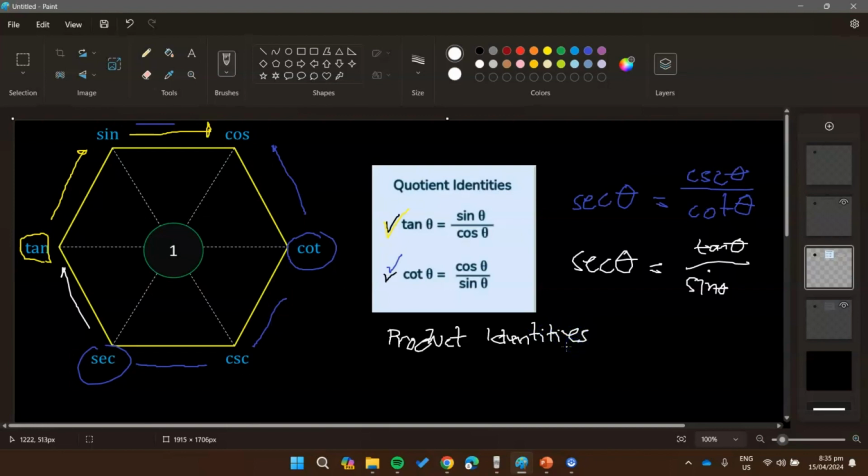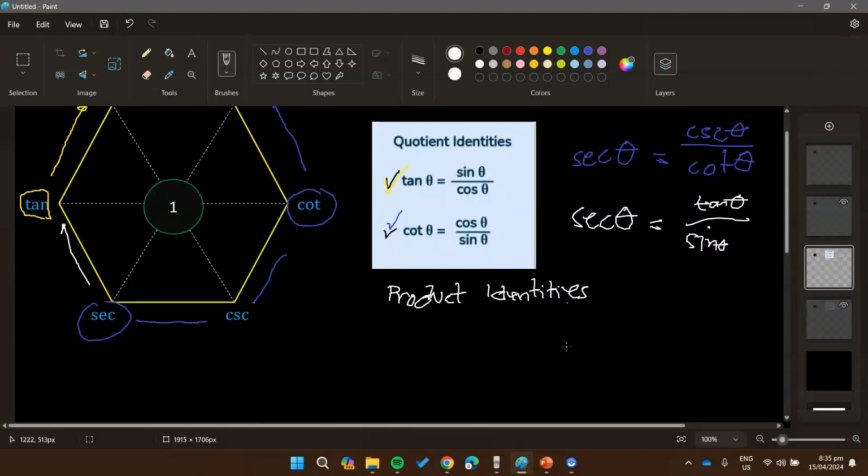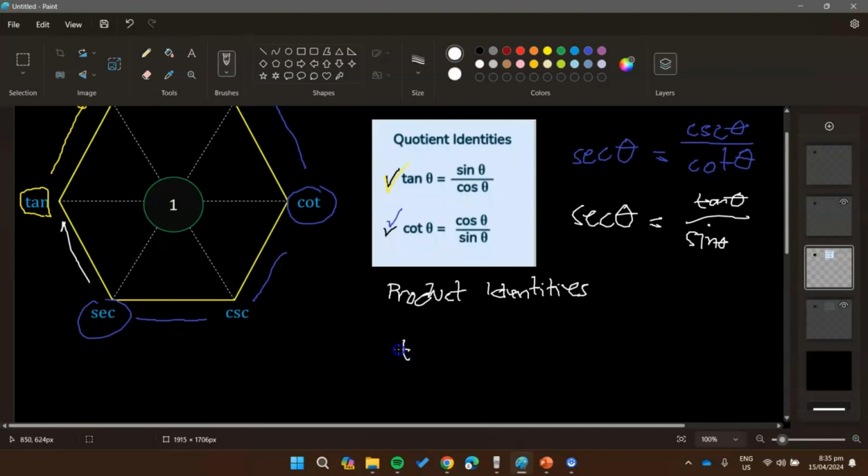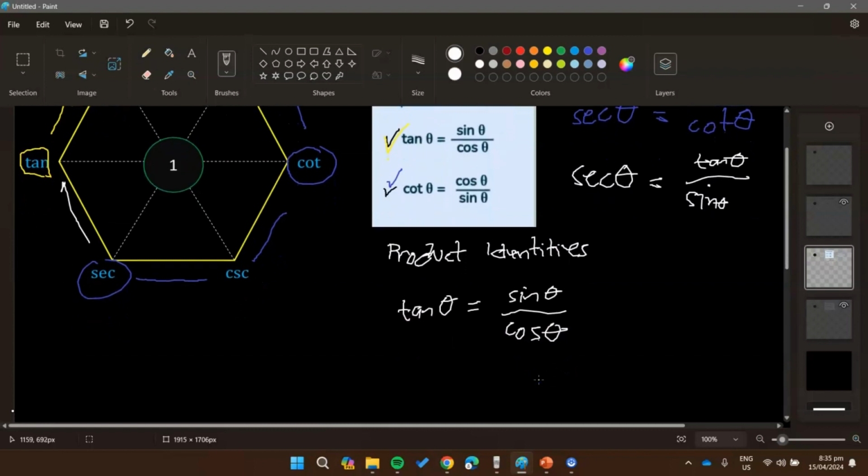Now, using simple algebra or math, we are given tangent theta is equal to sine theta over cos theta. Now, if we're going to manipulate this one, we'll just multiply tangent theta times cosine theta. We can actually get sine theta, right?